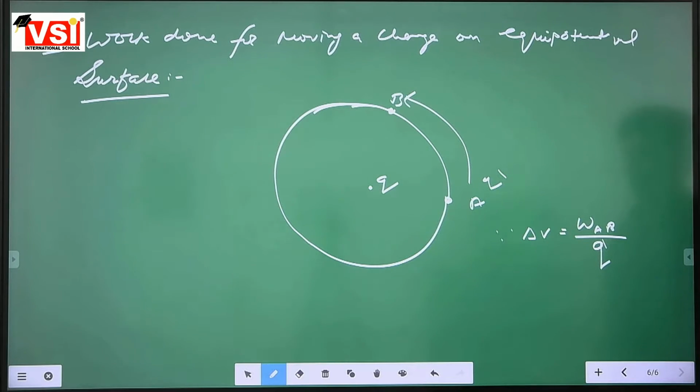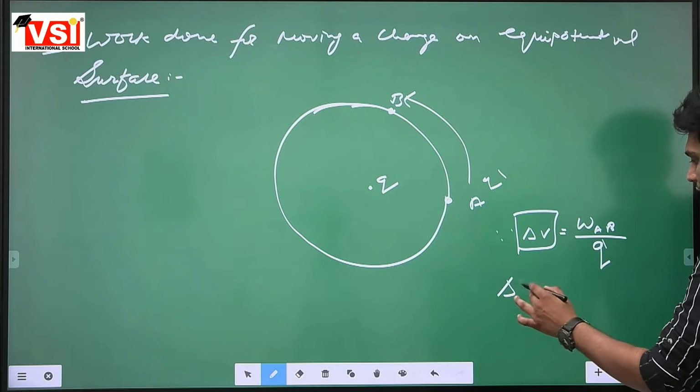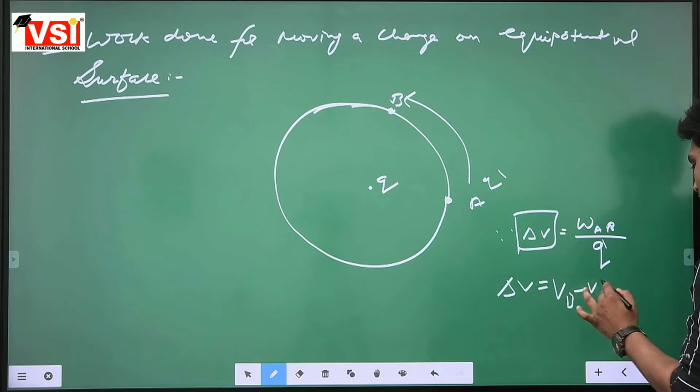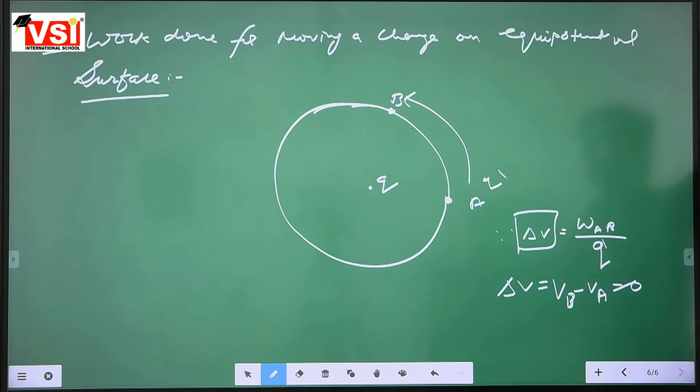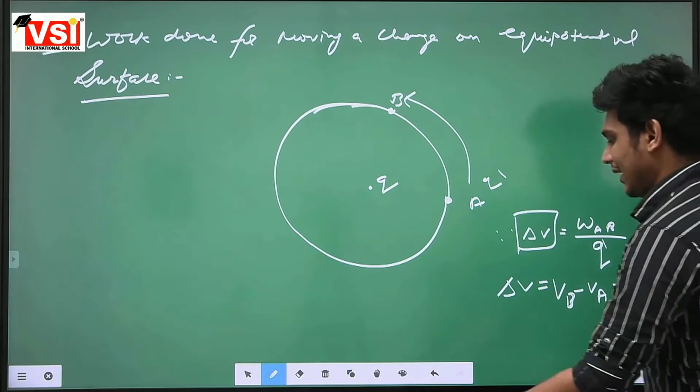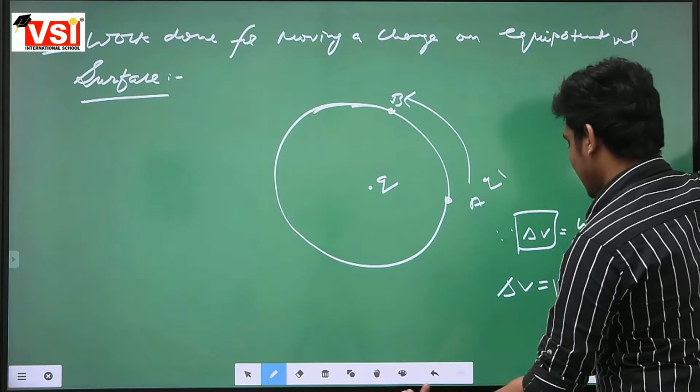From the previous observations, del V is equal to VB minus VA is equal to 0. Why? Because we are working on the equipotential surface, and the potential on each and every point of the equipotential surface is the same. So the difference will be 0.